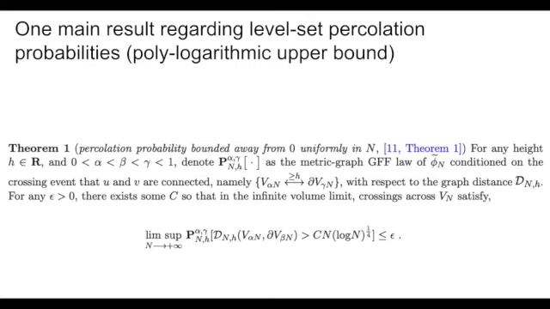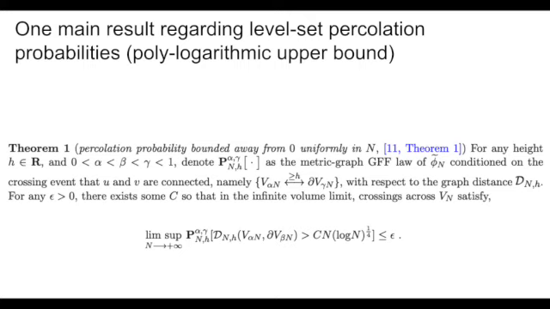And what Professor Ding and Dr. Wirth are showing to us in this statement is that as we take n to infinity and we're closer to encountering a larger finite volume, the probability that this distance between V alpha n and the boundary of V beta n exceeds some poly-logarithmic factor, which includes a polynomial in n, in addition to a logarithmic factor of log n to the 1/4, is bounded above by epsilon.